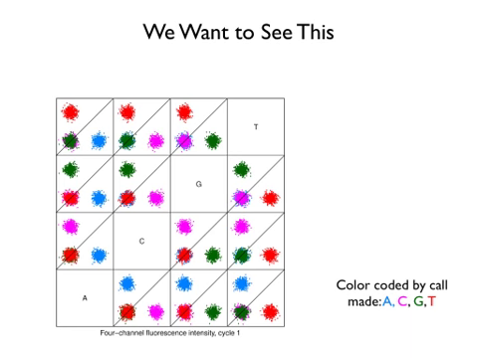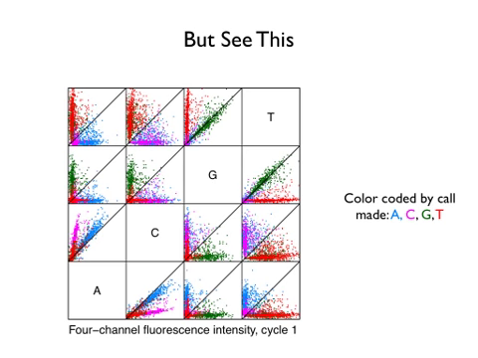At that location, every base is either an A, a C, a G, or a T. A is the blue, C is the magenta, and G and T are the red and green. That would be nice, because then there would be no problems calling these. That's what we want it to look like, but it actually looks like this.